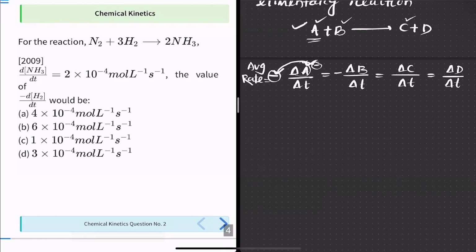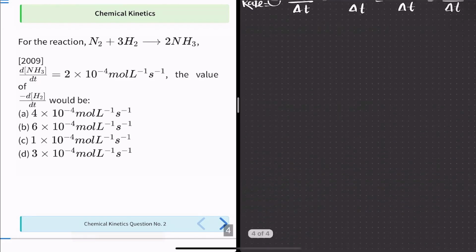But if we need the instantaneous rate of reaction, and there are some coefficients before the reactant or product, how to write the rate of reaction, we'll see here. Let's suppose the reaction is aA plus bB gives rise to cC plus dD.